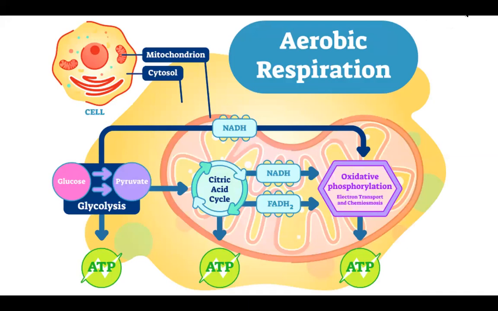Within your cells, you have organelles called mitochondria, which we've covered a little bit. Mitochondria are the site of the full process of cellular respiration. Part of it occurs outside of the mitochondria, part of it inside, but for the sake of it, mitochondria are the organelles that cellular respiration pertains to.